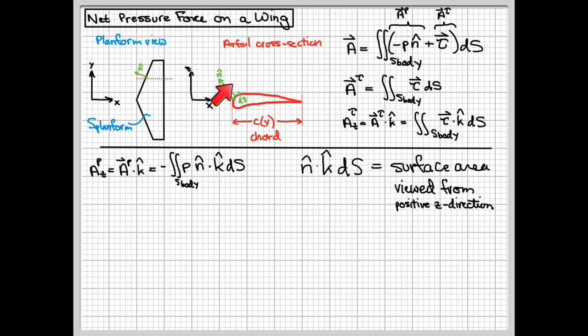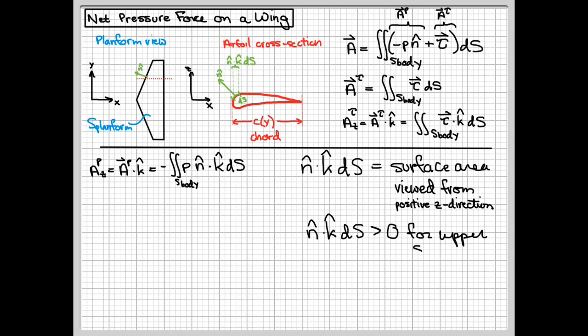So now if I look at what does ds n hat dot k hat mean, well, the k hat direction is in this positive z direction, so I can draw two lines in here, and n hat dot k hat times ds would just give me this surface area viewed from up above.